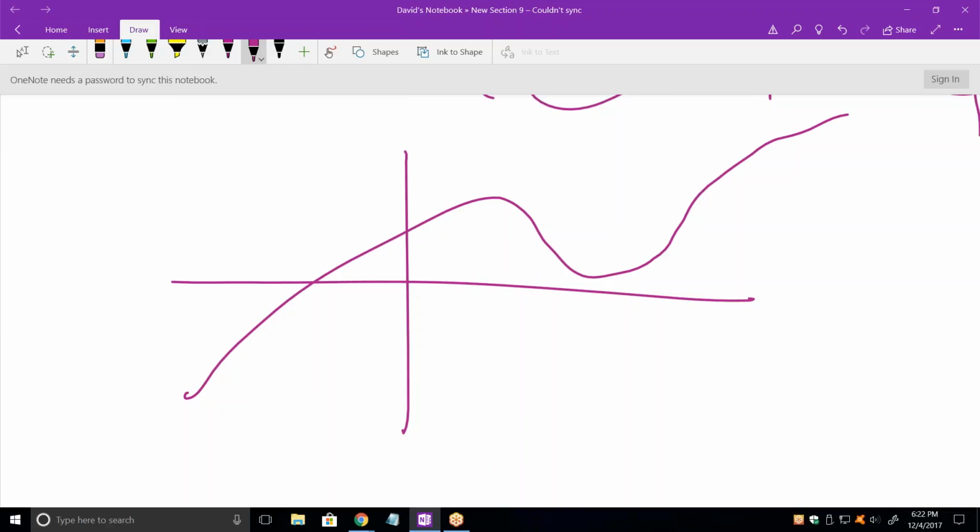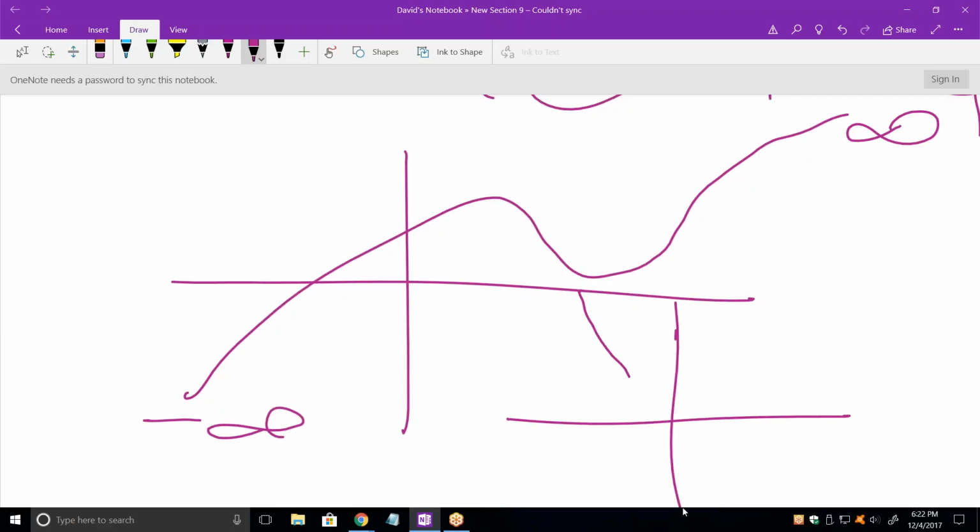What's the left hand? So the left-hand end behavior is negative infinity because it's going down. Correct. And then the right-hand end behavior would be positive infinity because it's rising. Okay. How about this curve here? Would it be negative infinity and then to positive?